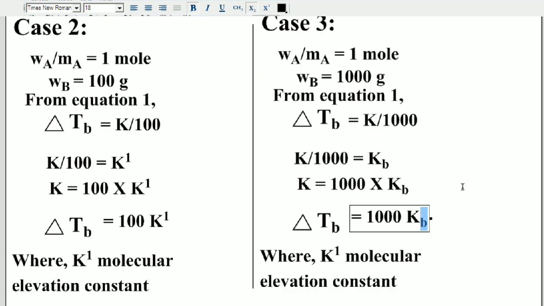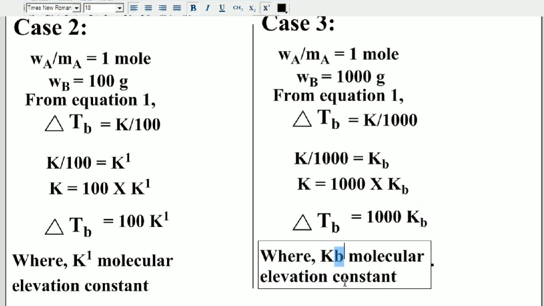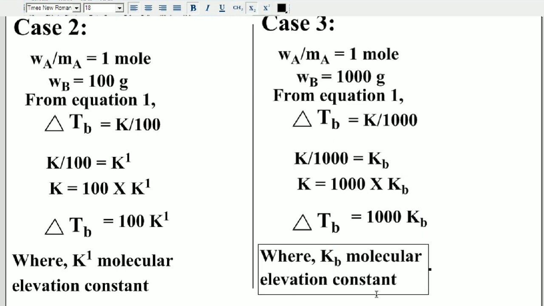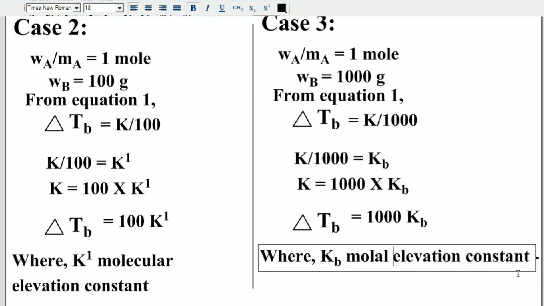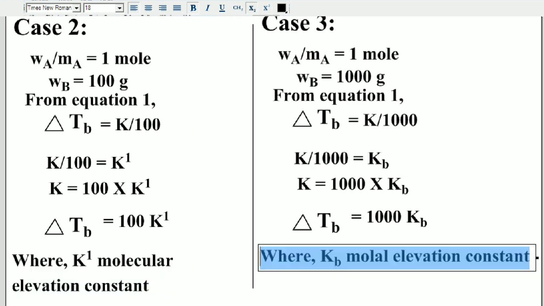1000 into Kb, where Kb is known as a molar elevation constant. Where K dash is a molecular elevation constant and Kb is known as a molar elevation constant.